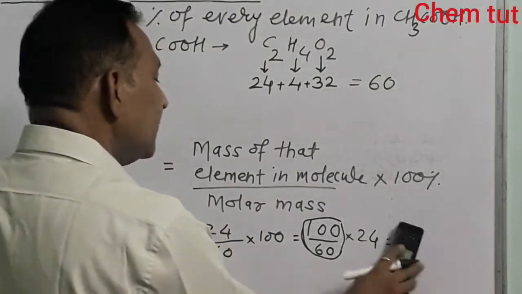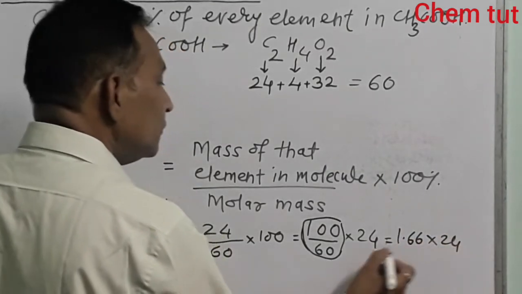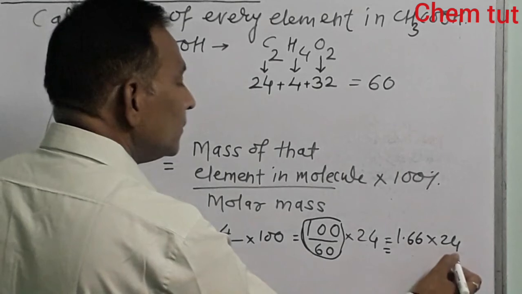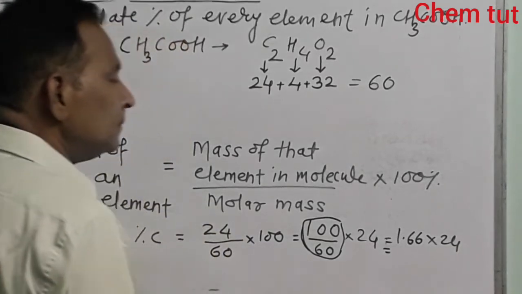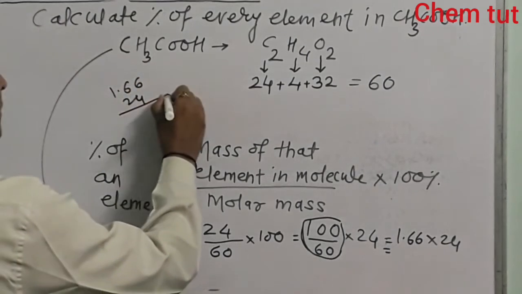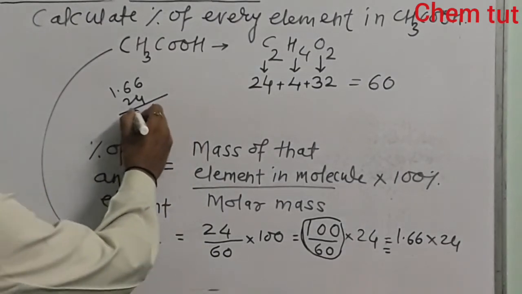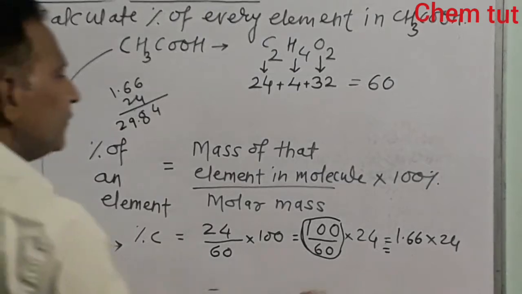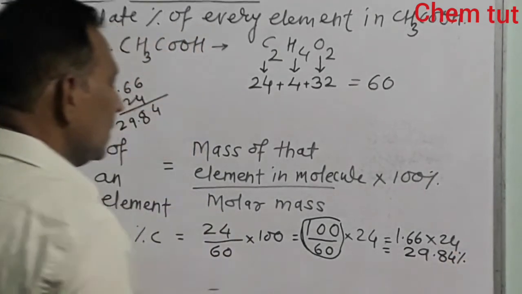Therefore we can say now, what is the percentage by mass of carbon? 1.66 multiplied by 24. So that is equal to 29.84%.